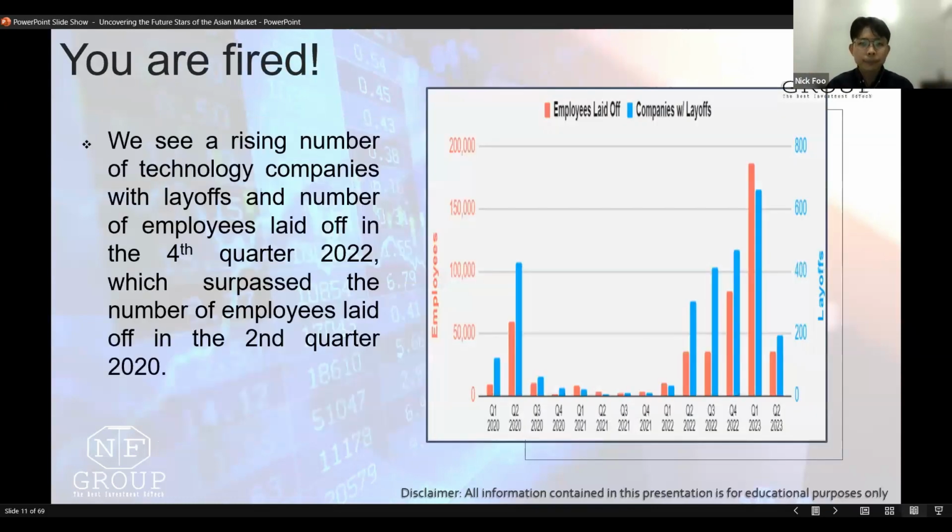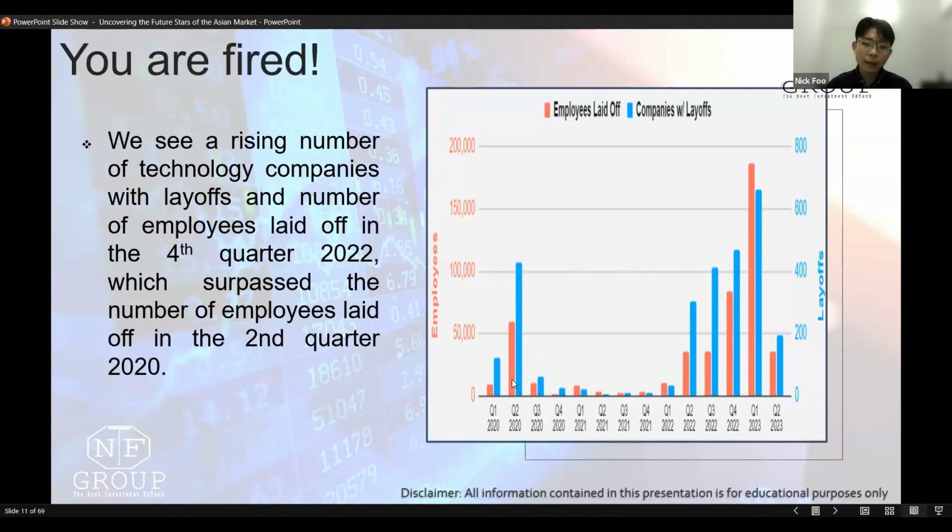Now we look at other key economic indicators, such as the unemployment rate. We don't talk about the unemployment rate first. Let's talk about technology layoffs. If you look at this table, in the first quarter and second quarter of 2020, quite a number of employees were laid off in the technology industry.